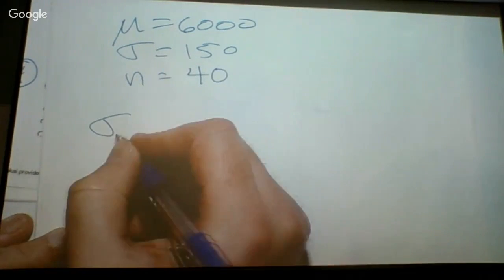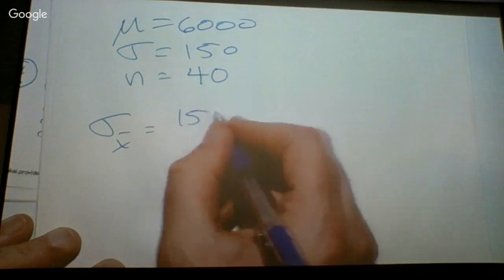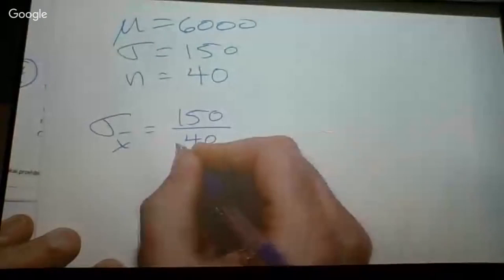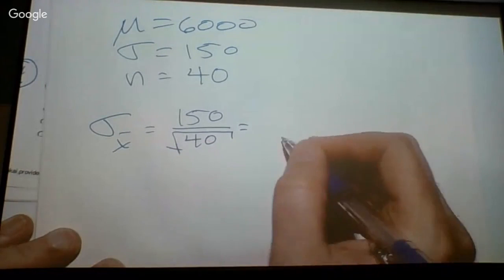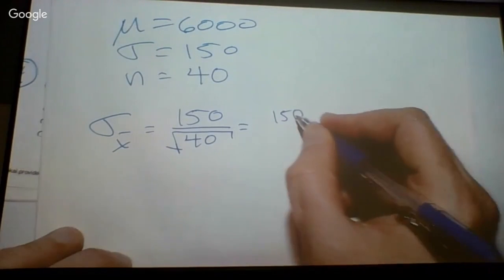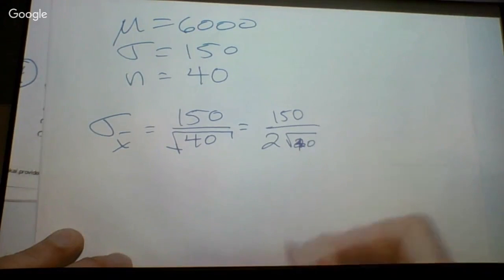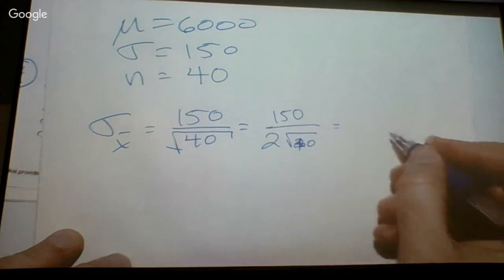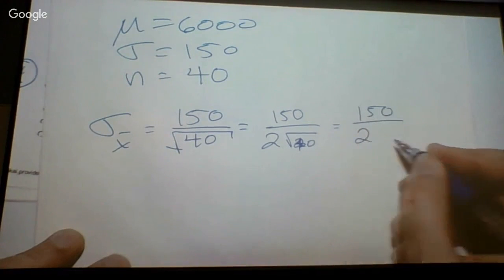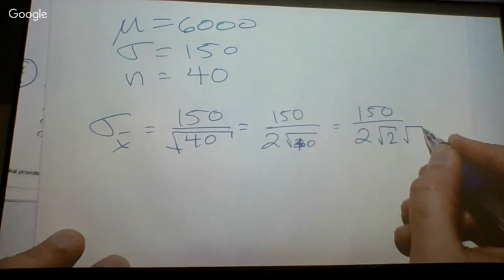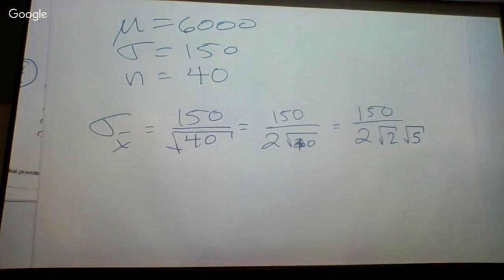And we have to calculate the standard error. 150 over the square root of 40 is 150 over 2 times the square root of 10. I'm going to keep doing prime factors and square roots until somebody can pound a calculator or ask Siri. Basically, I need to find the value of the standard error so that we can use the empirical rule.